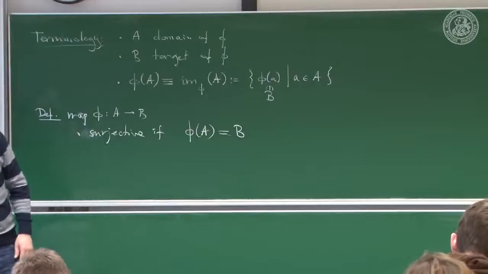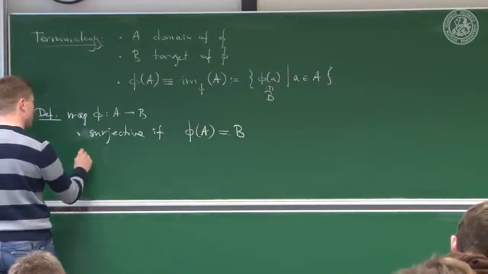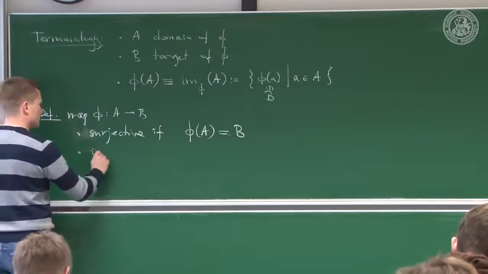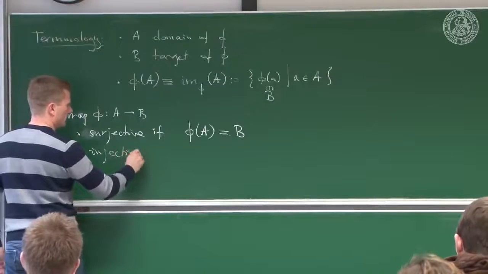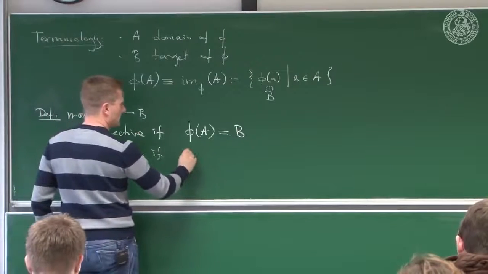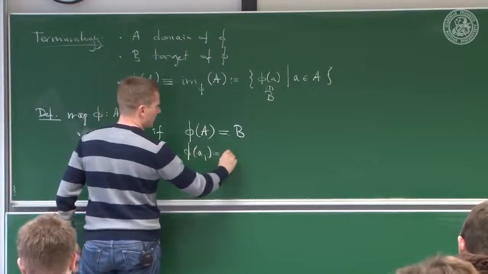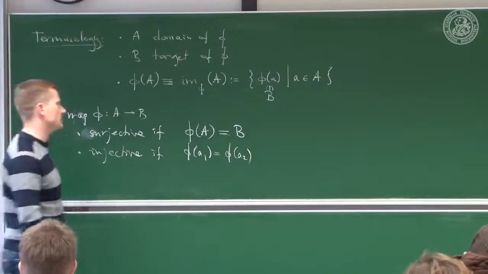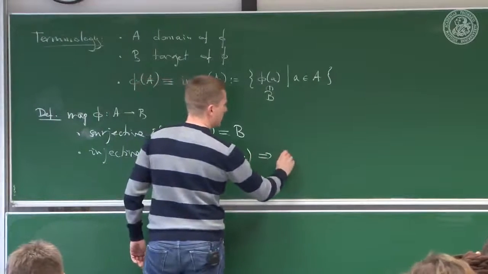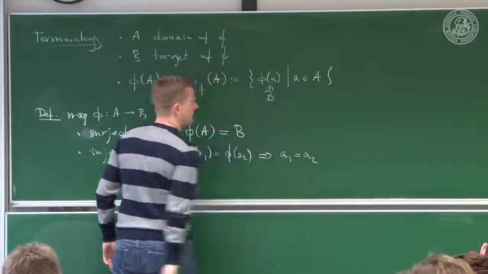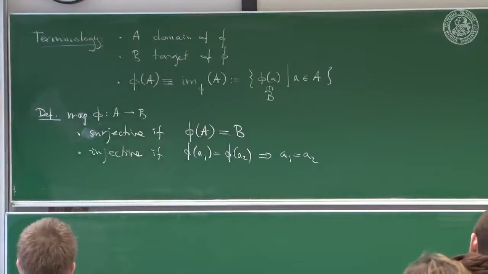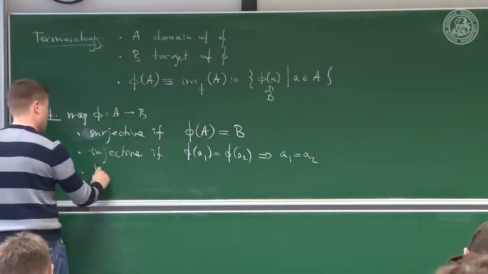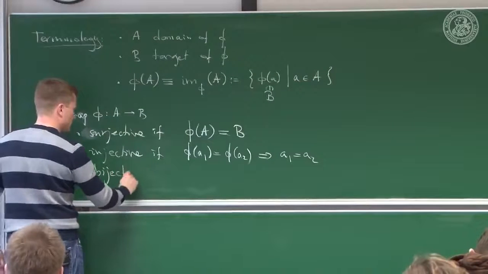So if every point in the target is hit by the map. It's injective if the equality of two values of the map, if phi of a1 equals phi of a2, already implies that a1 equals a2.